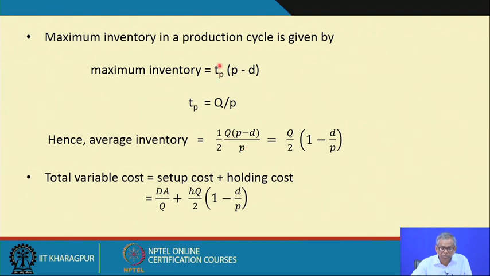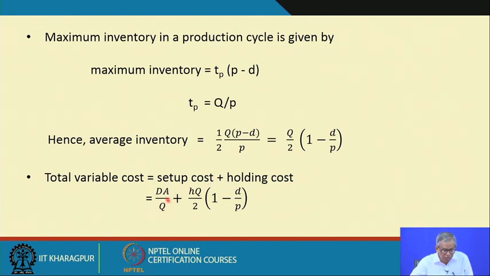That means TP is replaced by Q by P over here. On further manipulation, what you find is Q by 2 into 1 minus d by P. So the total variable cost consists of two types of cost. The first one is the setup cost and the second one is the holding cost.